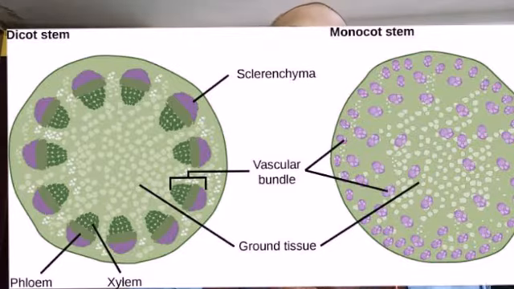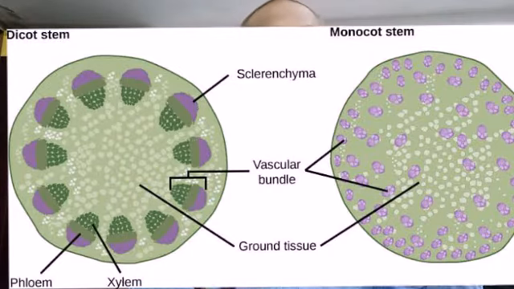This xylem tissue forms the pipe-like structure, and with its help water and mineral nutrients are carried from the root to the stem, and from the stem to every leaf, and there in the leaves the process of photosynthesis occurs and the production of food is done. So here we learn the vascular tissues.